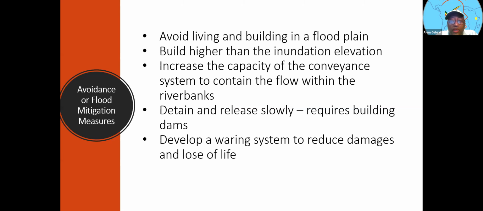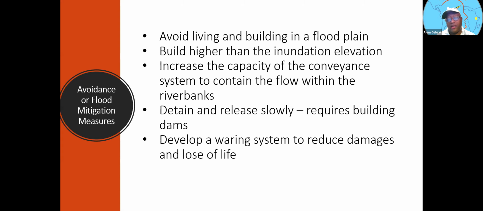One of the various methods is to build higher than the inundation elevation. That's especially true in coastal areas. If you live in a coastal area like Florida or Galveston, you see houses built very high, above the wave height. Or you increase the capacity of the conveyance system, containing the flow within the riverbank, so that the water doesn't get out into the adjacent area.